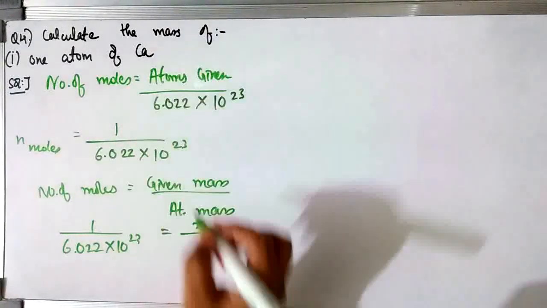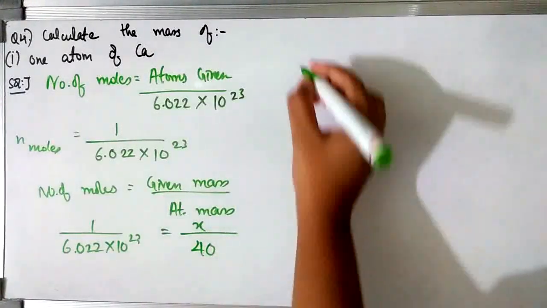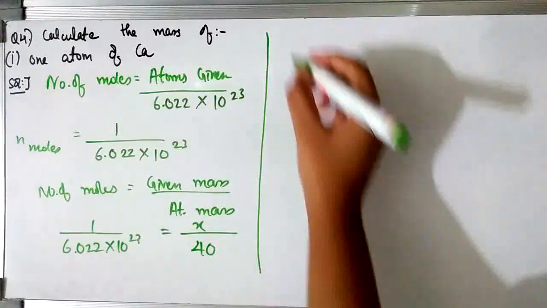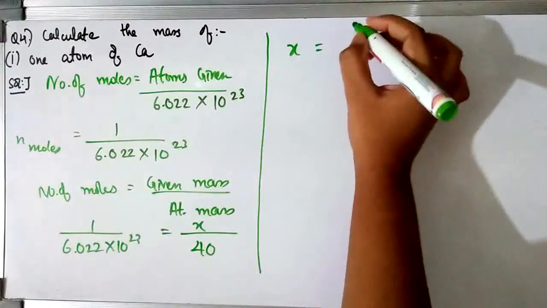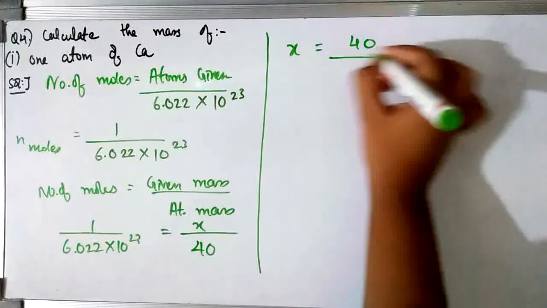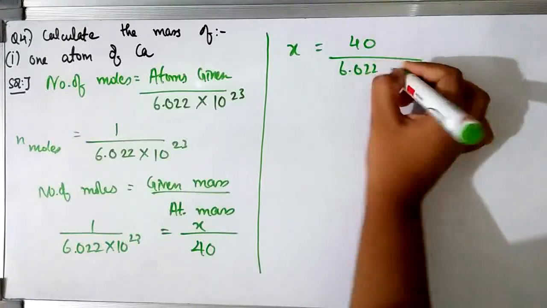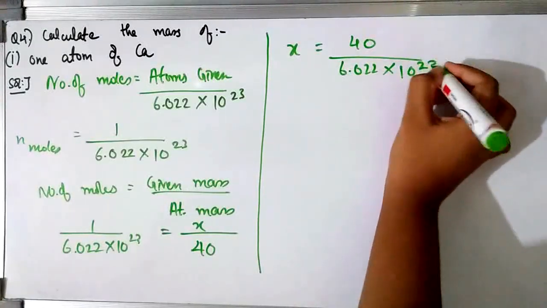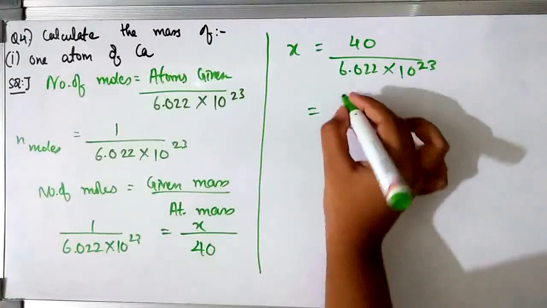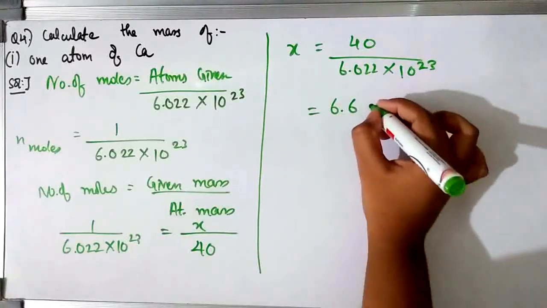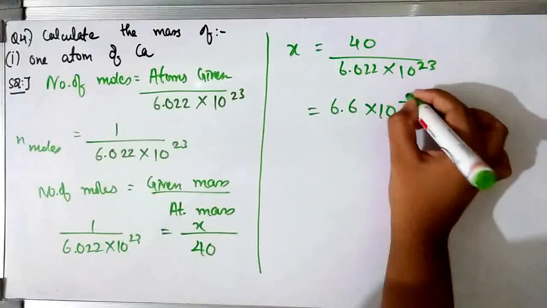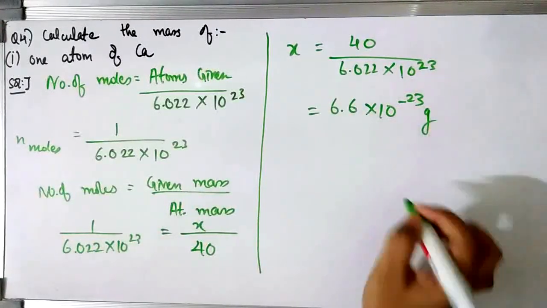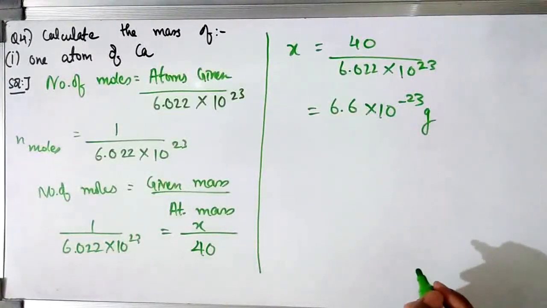Then the atomic mass of calcium will be 40. So our given mass will be 40 divided by the Avogadro number, which on further solving gives 6.6 into 10 to the power minus 23 grams. So that is the mass of one atom of calcium.